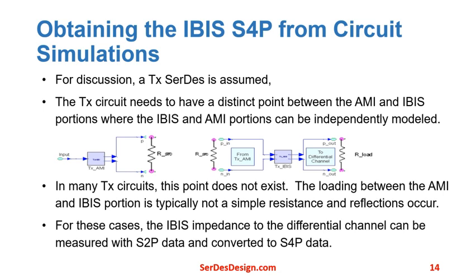Loading between the AMI and IBIS portions is typically not a simple resistance, and reflections typically occur. For these cases, the only IBIS characteristic readily accessible is the impedance into the differential channel, which can be measured with S2P data, and that S2P data can then be converted to S4P data.